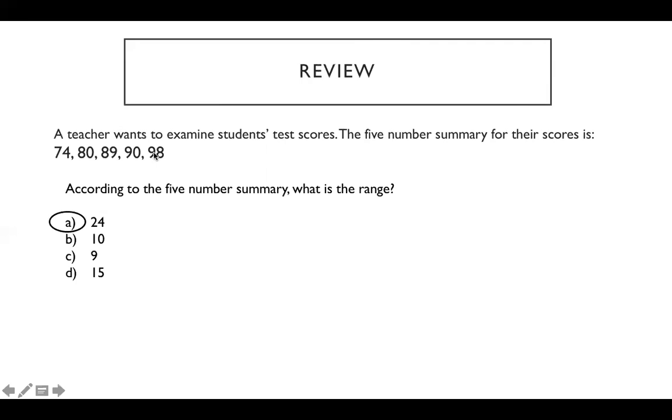Oops, I'm sorry, I just clicked on the answer by accident, but for those of you that answered, the answer is 24. Maximum minus minimum is how we calculate the range. Our maximum is the fifth number in the five-number summary, 98, and our minimum is the first number, 74. Once we subtract those, we get 24 as the difference.